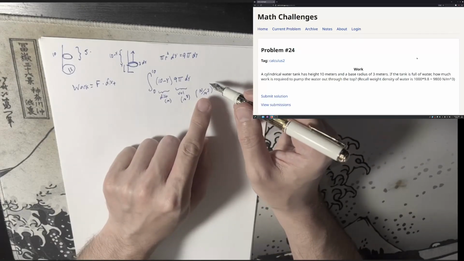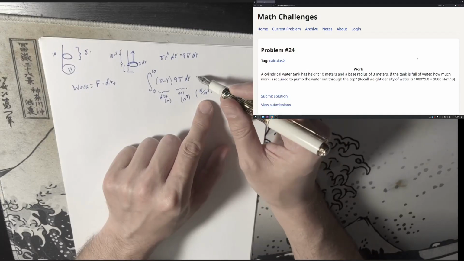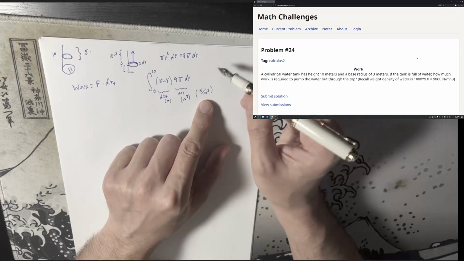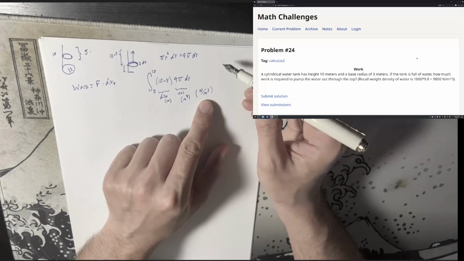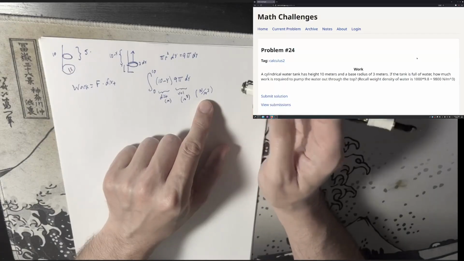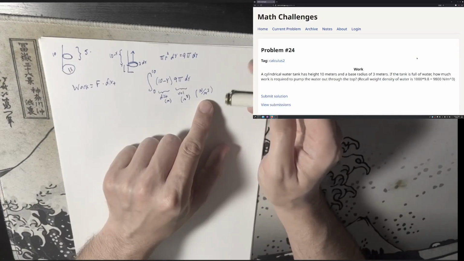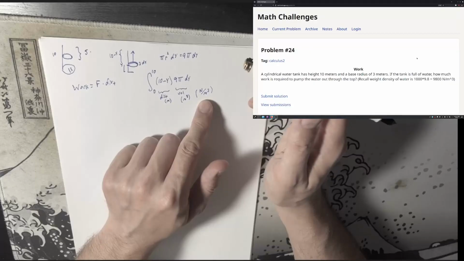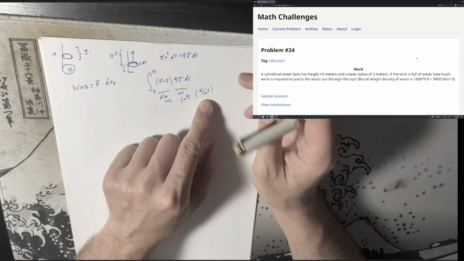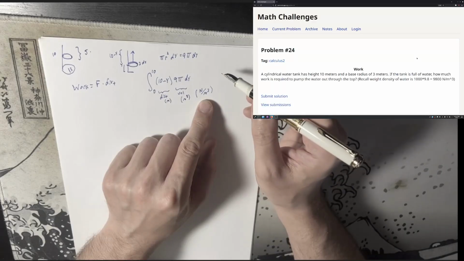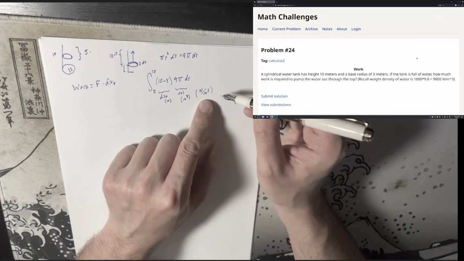Anyway, that's going to be, well, there's 1 gram per milliliter. Water's density is 1 gram per milliliter, which is like a kilogram per liter, which is like 1,000 kilograms per cubic meter.